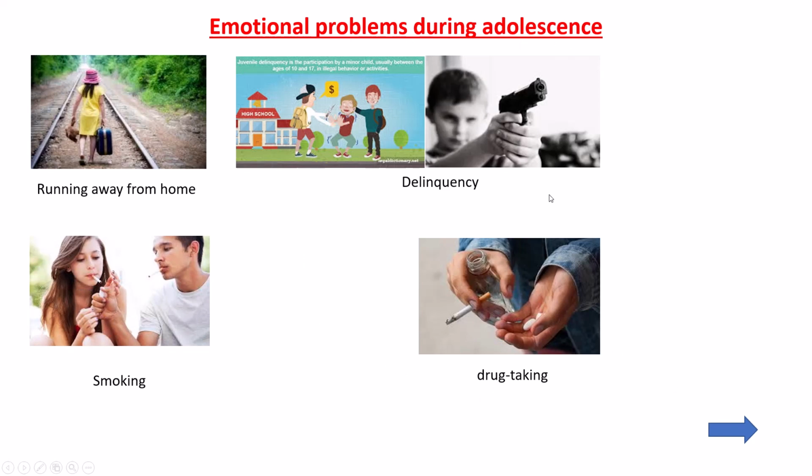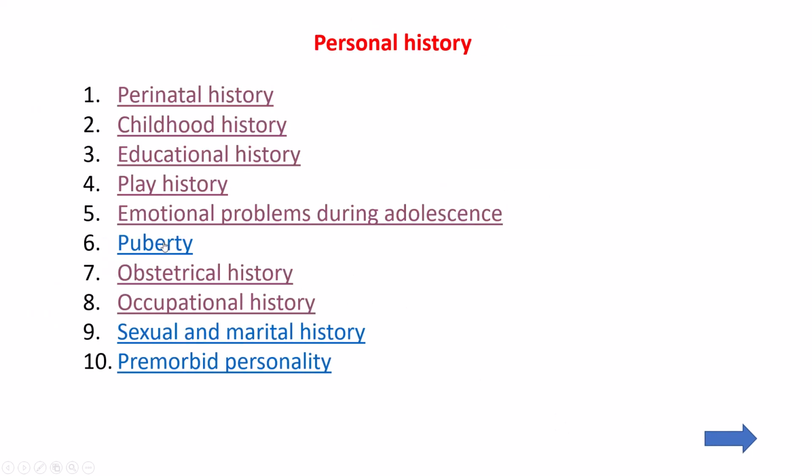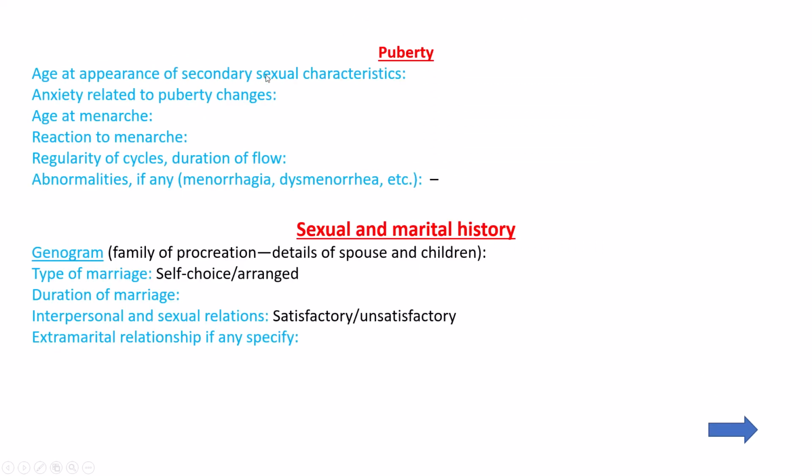In that, what is there that we have to mention? If not there, no need to mention. And puberty, here two things we can see: puberty and sexual and marital history. Puberty, age at appearance of secondary sexual characteristics. Secondary sexual characteristics, when it started, age, anxiety related to puberty changes.